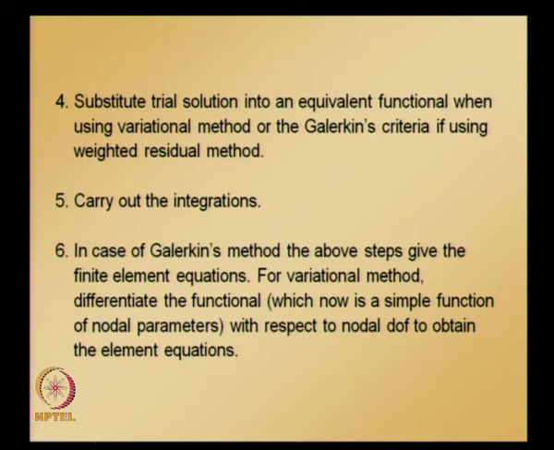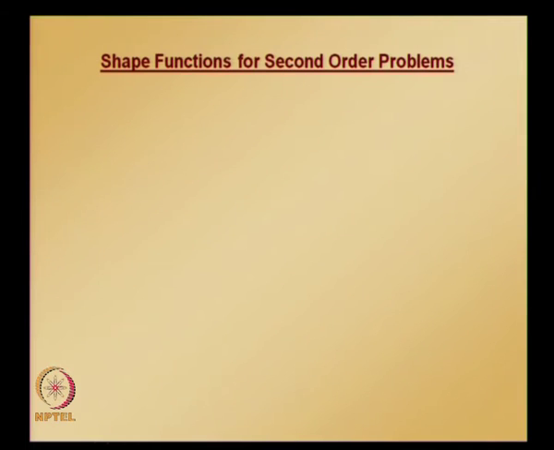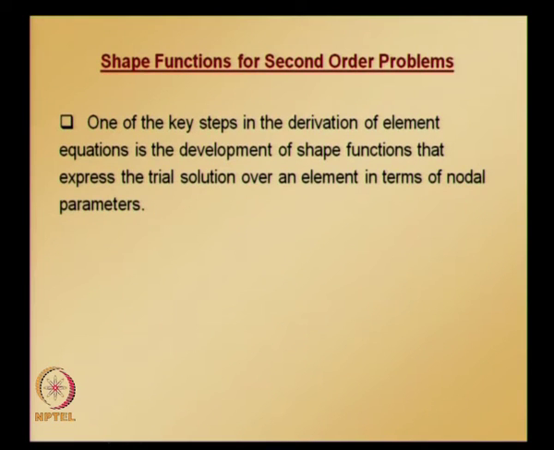So that also we will be looking at as a part of the study of these higher order elements. Now let us look at how to derive the shape functions for higher order elements or second order problems. One of the key steps in derivation of element equations is development of shape functions that express trial solution over an element in terms of nodal parameters.